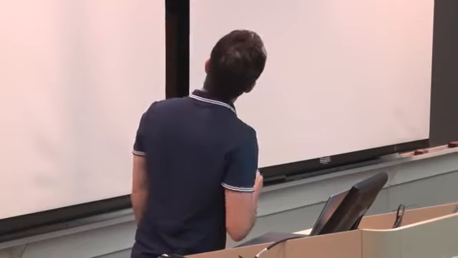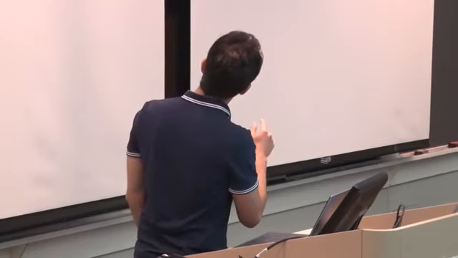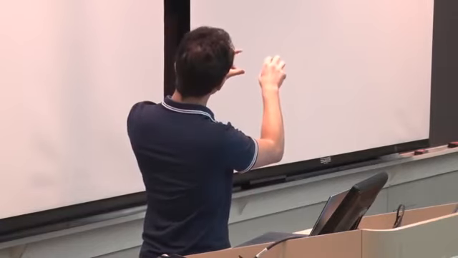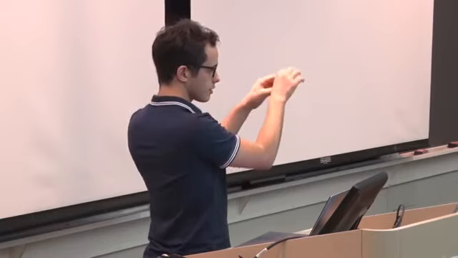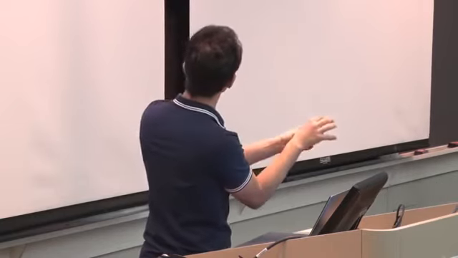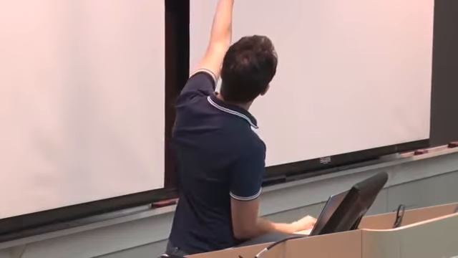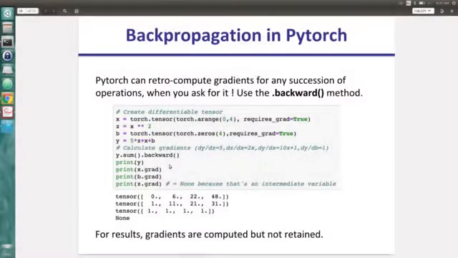Anything else? Why does z dot grad give none as an answer? Good question, because backward will compute the gradients of everything, but it will not retain the gradients of everything. It only retains the gradients of what you can call the leaves of the graph, which is not all the variables, but not the intermediate computational variables, which kind of makes sense because you can consider, for example, b here.